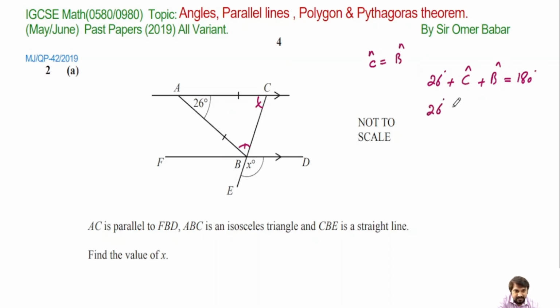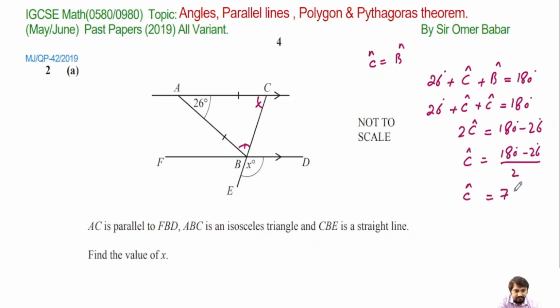So 26 degree plus 2C degree is equal to 180 degree. 2C degree is equal to 180 degree minus 26. And angle C is equal to 180 degree minus 26 degree divided by 2. When you solve it, we will get 77 degree. Okay, it means angle C is 77, also angle B is 77.